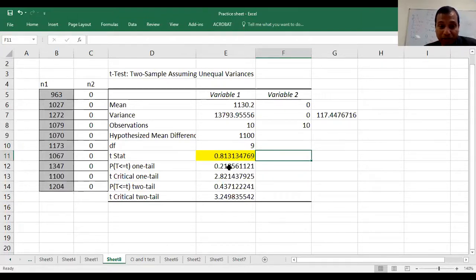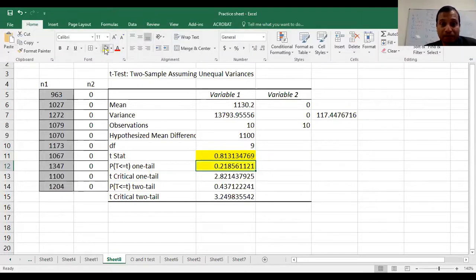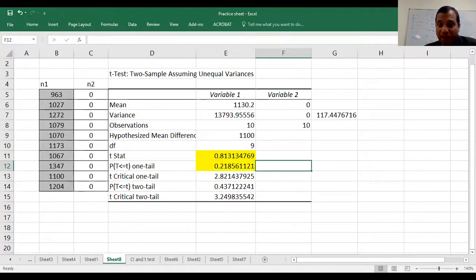So you don't have to take any value for the two tail. So the one tail P value, how much are they showing? 0.22. But in our case, how much was the P value we got? 0.20. Yes. We got 0.2, but over here it's 0.21. Yes, the same one.